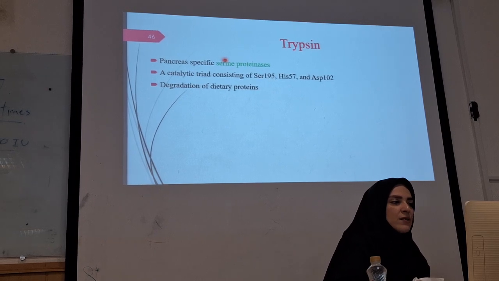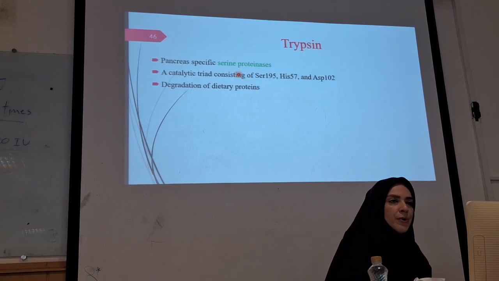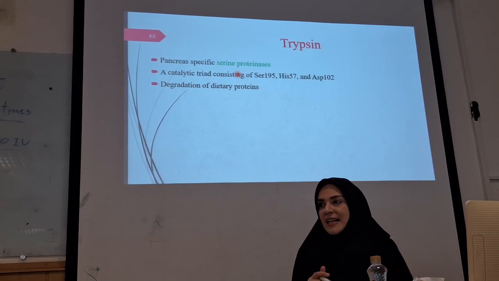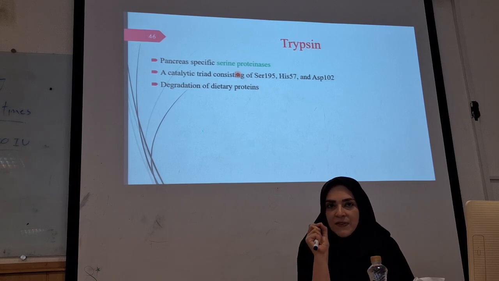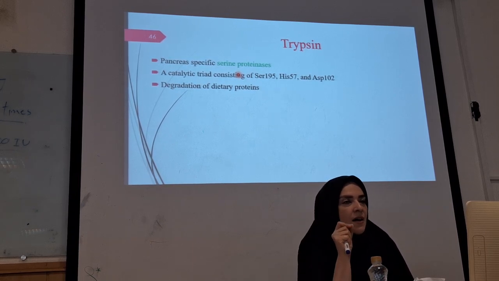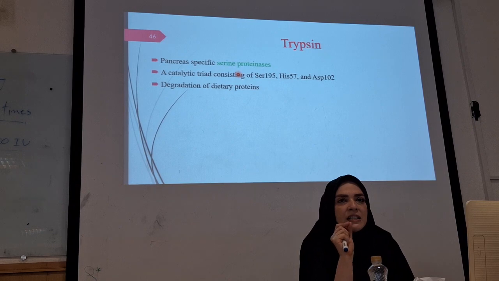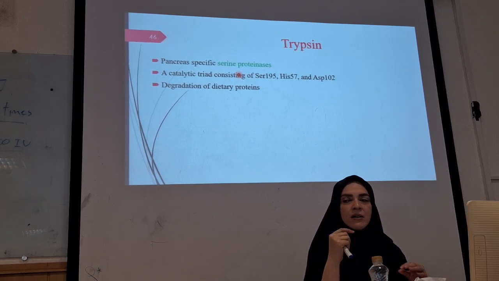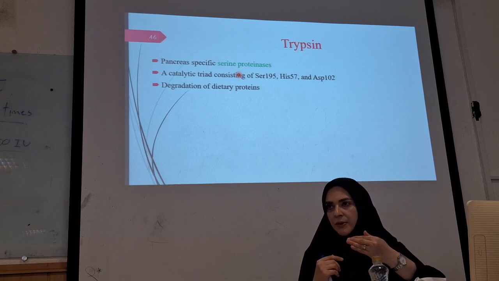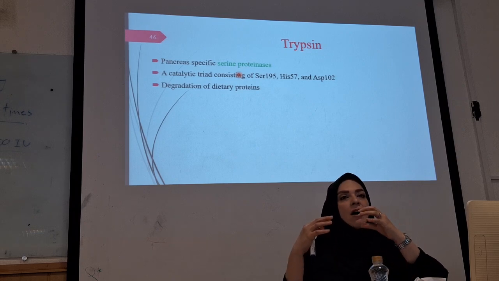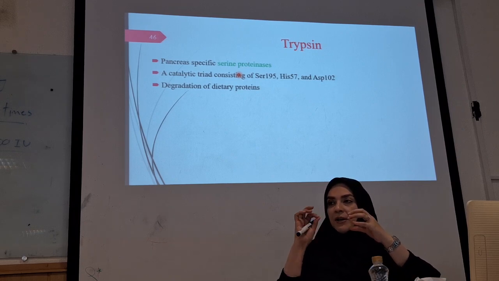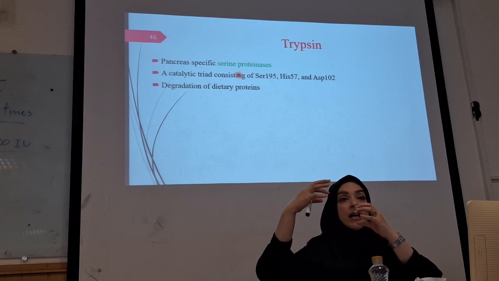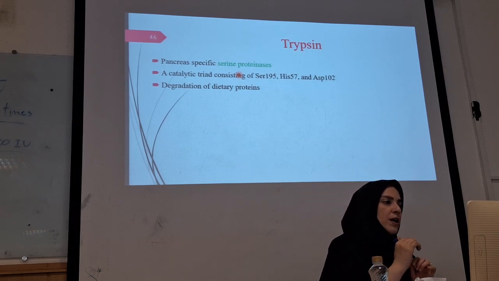Whenever we say these are serpins or serine proteinases, it means that in their active site, this enzyme has a specific serine amino acid, okay? Because serine contains a hydroxyl group, if you remember. And this hydroxyl group is very important for the binding of a specific substrate.